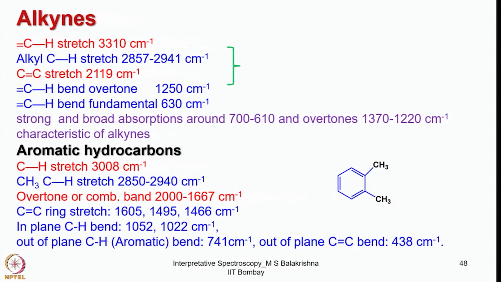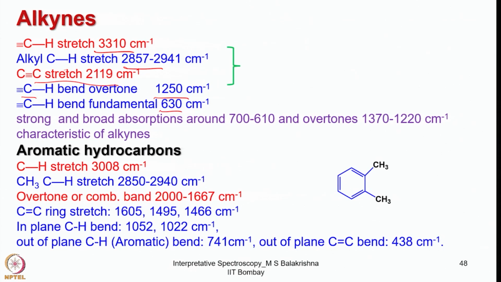In this case, the alkyne CH stretch would come around 3310 centimeter minus 1, the alkyl CH stretch would come around 2857 to 2941 centimeter minus 1, and the C triple bond C stretch would be around 2119 centimeter minus 1. Then for the CH bend attached to a triple bond, the overtone will be around 1250 centimeter minus 1, and the CH bend fundamental vibration would appear at 630 centimeter minus 1.